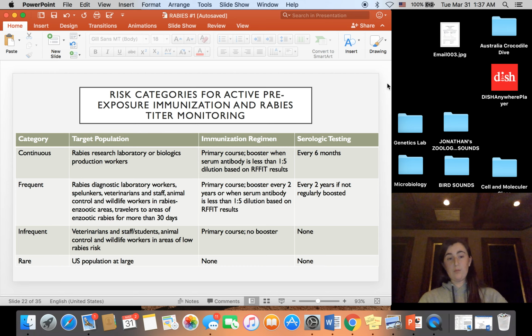The infrequent category is veterinarians, students, or wildlife workers who are around animals, but they're not really rabid animals, though you can get a handful of them every once in a while. So you would just get a primary course with no booster. You would just get the treatment if you end up getting bit by one, so you don't need a booster.